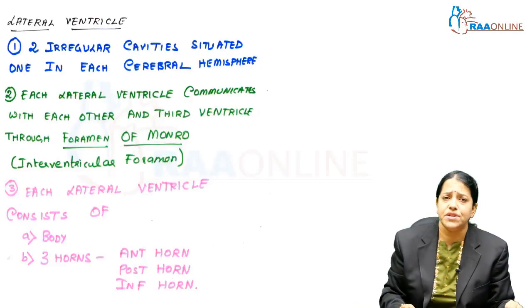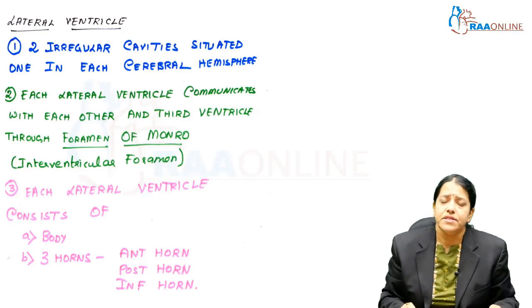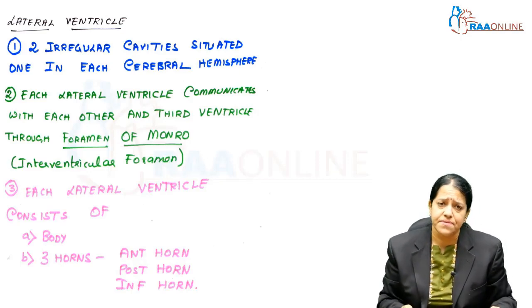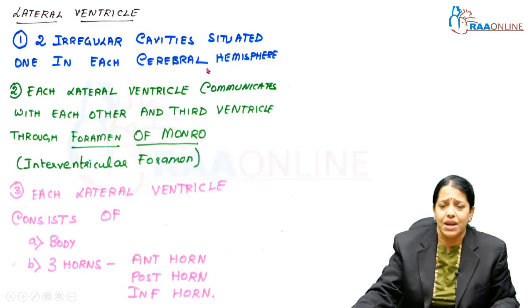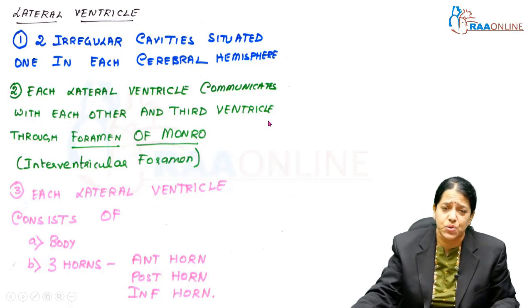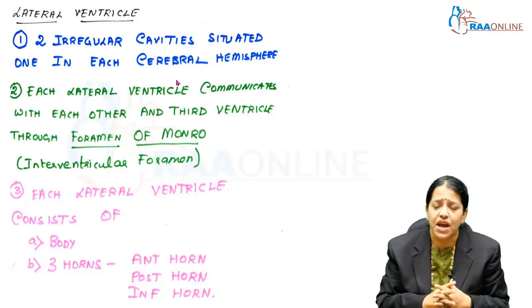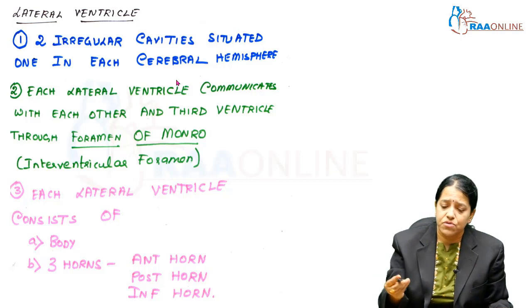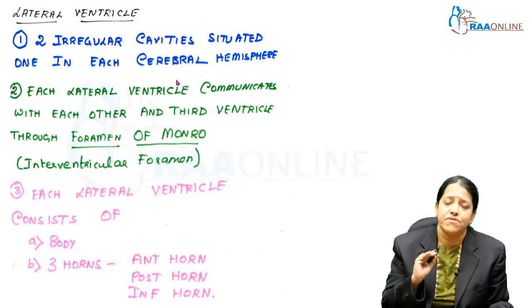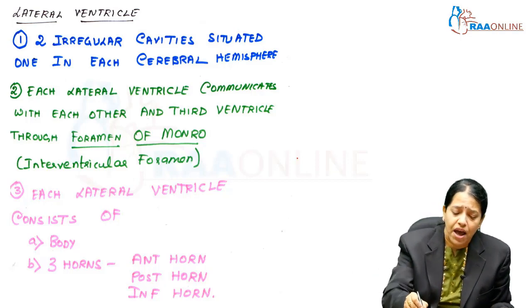Now to continue the ventricular system of brain, we have two lateral ventricles which are irregular cavities, and they are situated in either cerebral hemisphere. If we just have a recap of the ventricular system of brain, we have two lateral ventricles on either side.